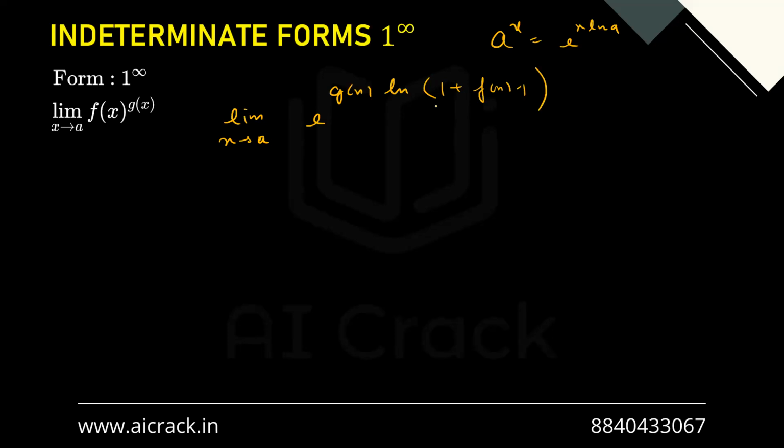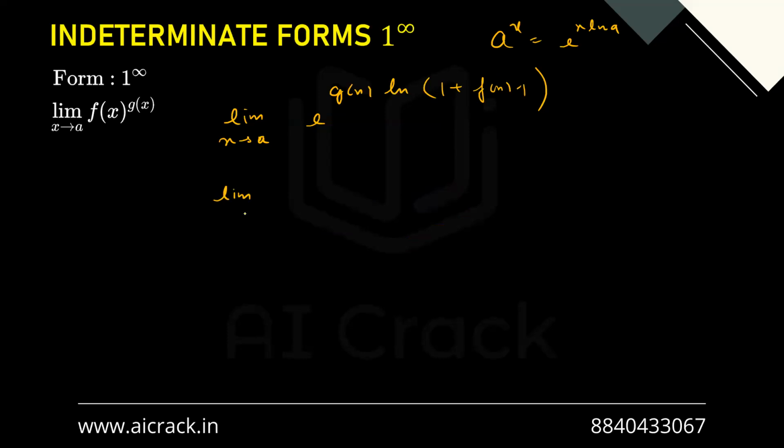Okay, it means the same. What we have done is we have added 1 and subtracted 1 over here to make this 1 + 0 format. As f(x) is approaching 1, this entire thing becomes close to 0, right? And this is 1, so this becomes ln(1 + something) with something close to 0. Okay, and we know that ln(1 + something) divided by something is 1, right? We are trying to use that standard limit over here.